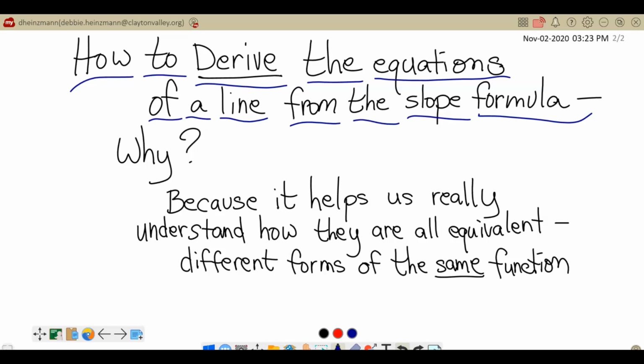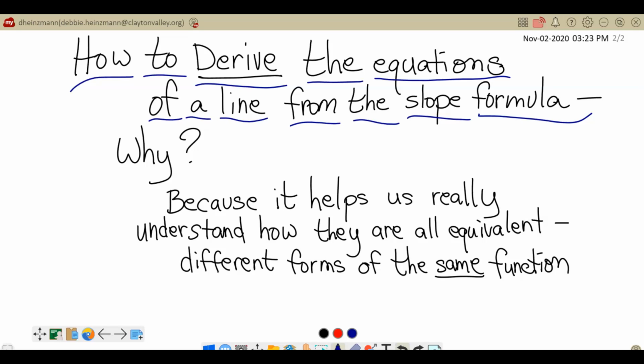This is a big lesson, but I really think if you keep your mind open and allow yourself to perhaps be a little confused, that it will start to make a lot of sense by the end of it, okay? And it'll help you see how connected linear functions are to each other.